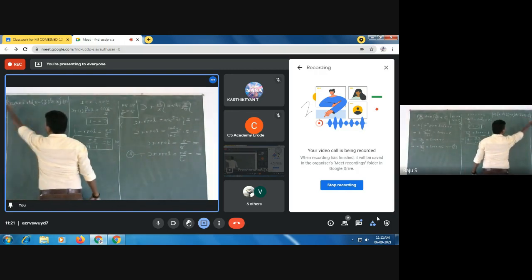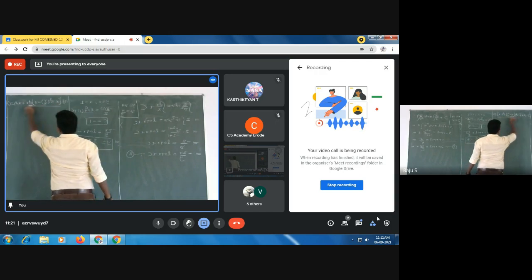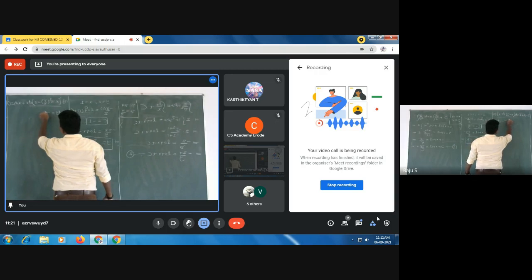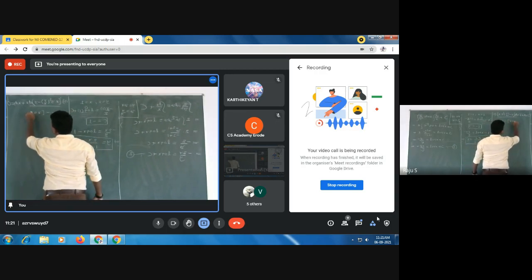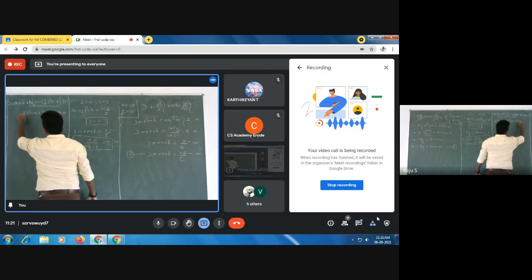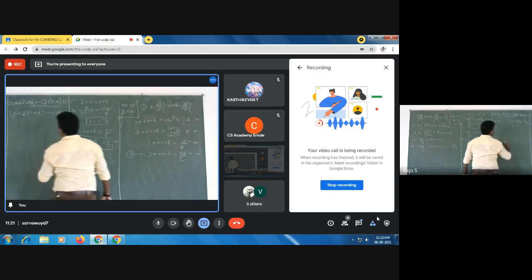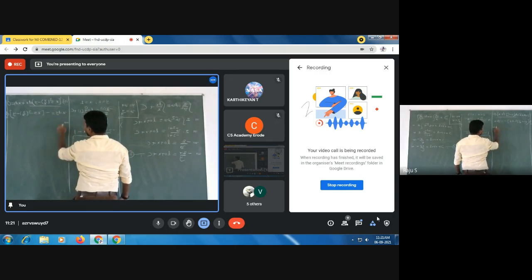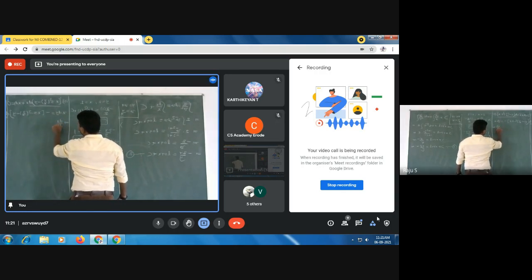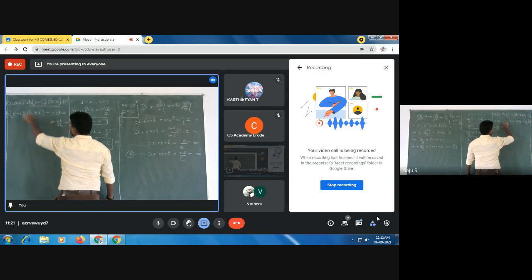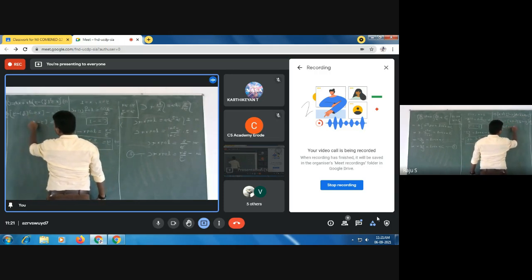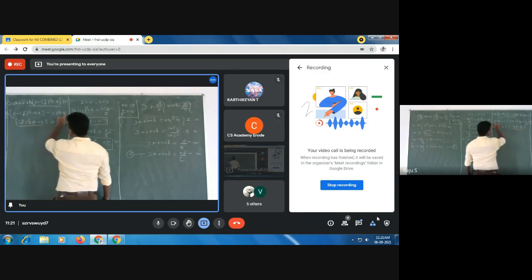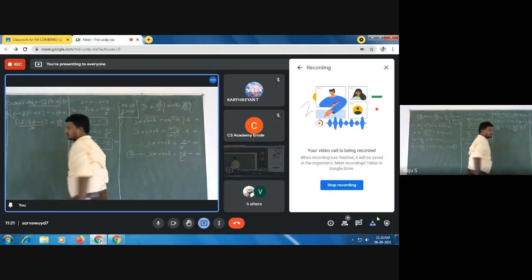For that, take the first term to the right side: x dy is equal to minus of x sine square y by x minus y, into dx. Cross multiply dx, and so finally dy by dx is equal to, when I multiply with minus here, y minus x sine square y by x, all divided by x.